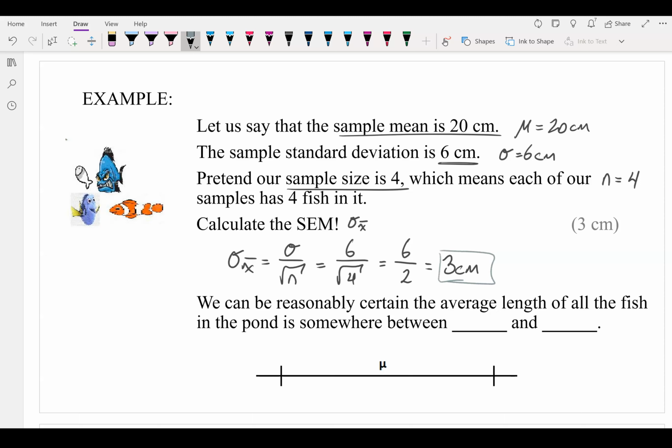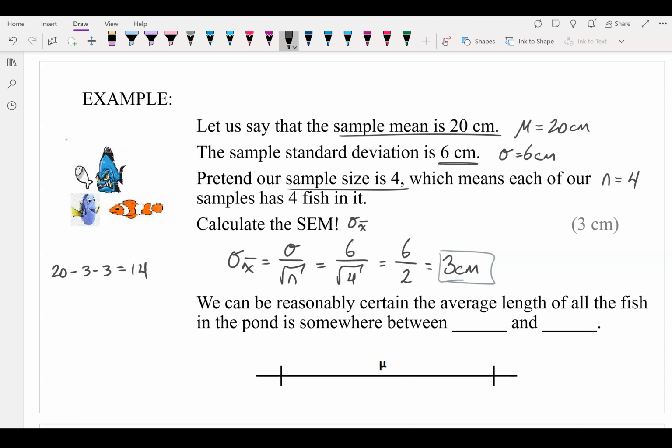So we can be reasonably certain that the average length of all the fish in the pond is somewhere between 2 points. What are these points going to be? Well, 2 standard deviations below. So 20 minus 6, that's 2 standard deviations below.